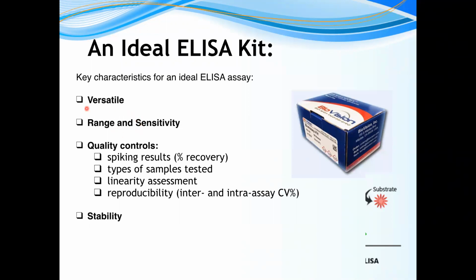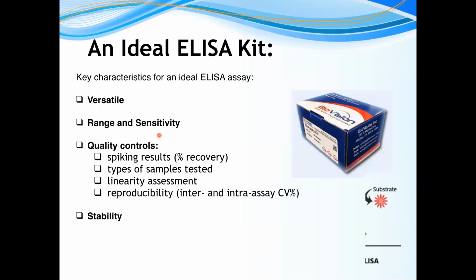Then the second most important parameter in selecting an ideal ELISA kit is range and sensitivity. So another point to check is the range and sensitivity of the ELISA kits. It is important to make sure that they will fit with the target abundance in the sample.